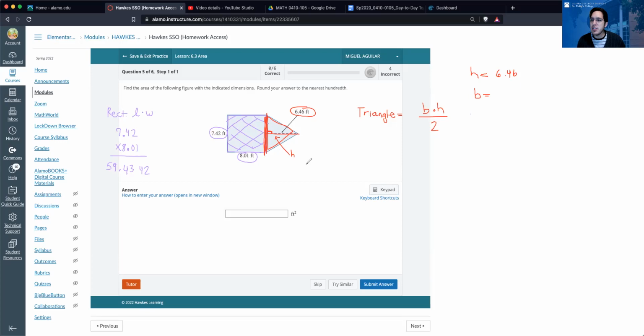Well, they didn't give us a number there, right? But based on our properties of our rectangle, where the rectangle has this side is equal to this side, we can infer that the base of the triangle should be this 7.42. Does anybody have any questions about that?